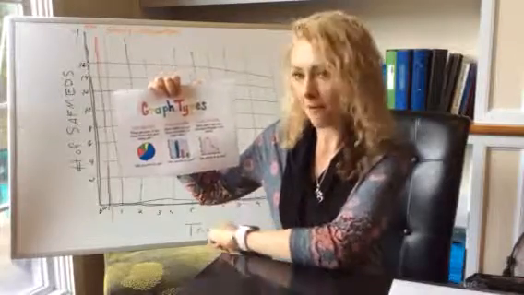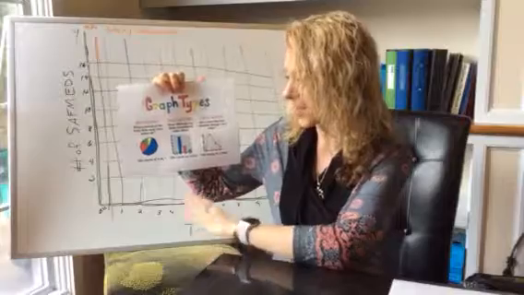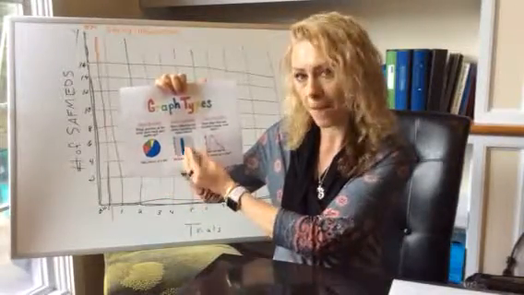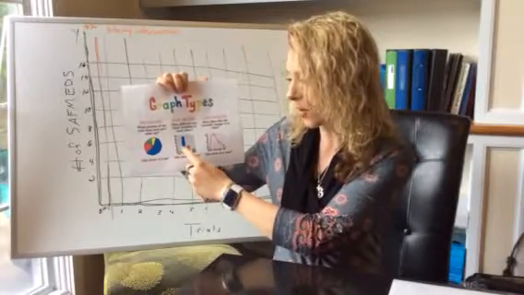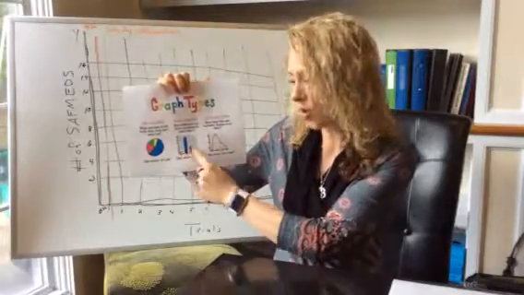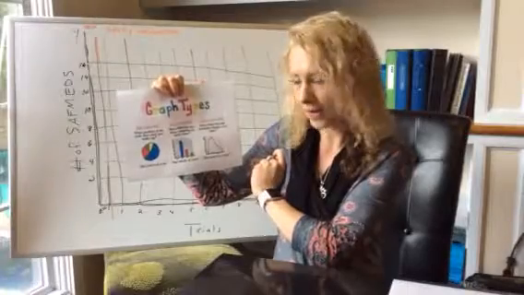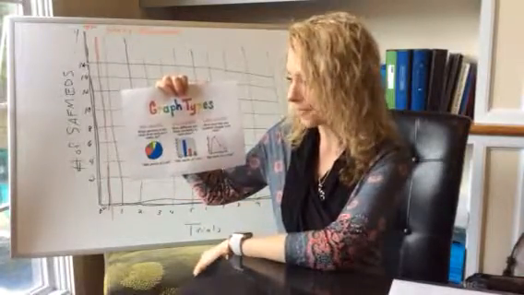So for example, we have bar graphs. Bar graphs are fantastic because we can take different categories or different variables and compare them to one another, okay? But we're not comparing one of those variables and how it changes over time, like our line graph. The same can be said for pie graphs.